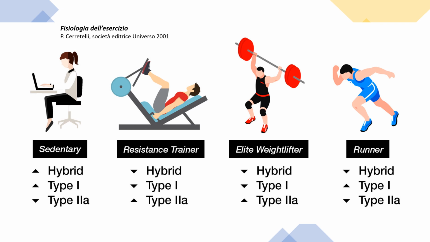So, for instance, if we have an athlete very rich in fast twitch, we don't ask him to run a marathon, because we know that this is stupid. We ruin what the genetics give us.